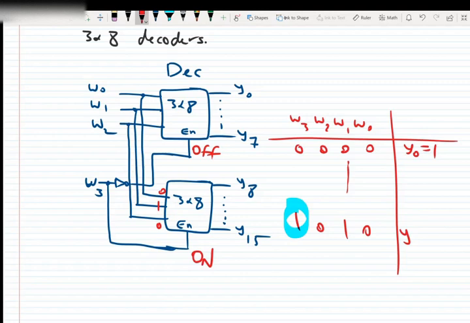The third output is Y10. Y10 is the third output, so Y10 will be activated.